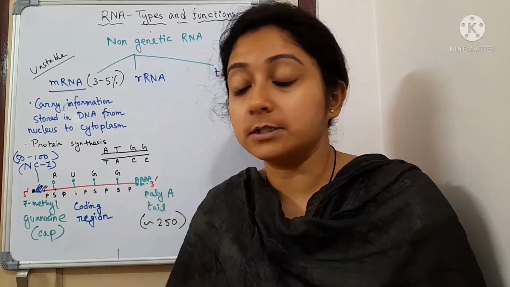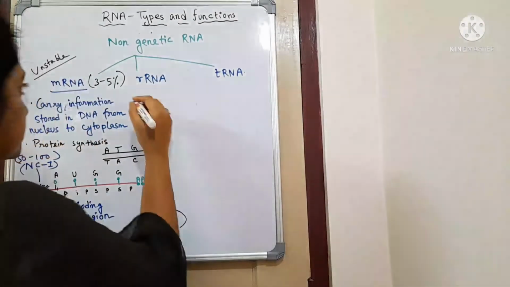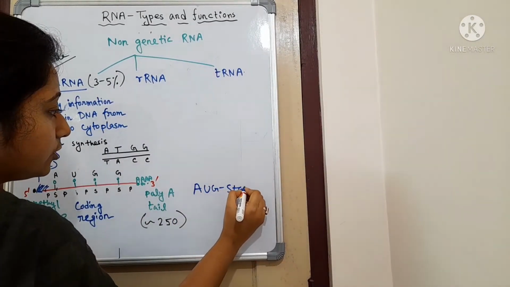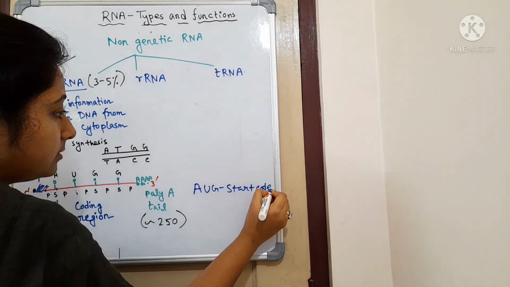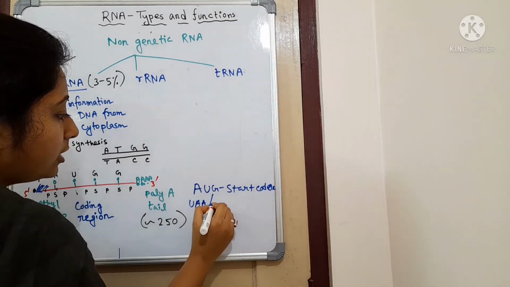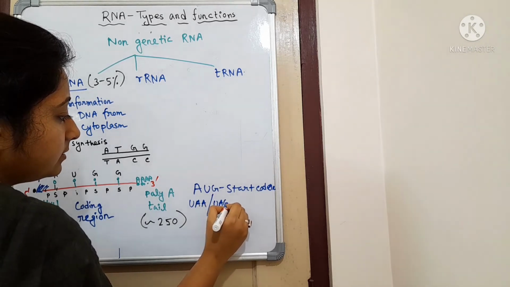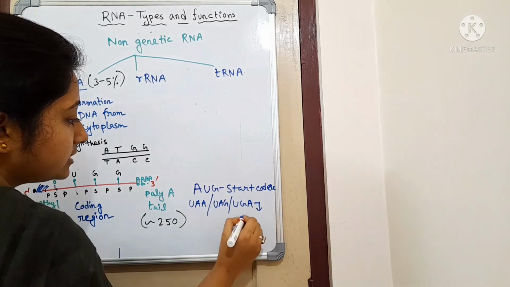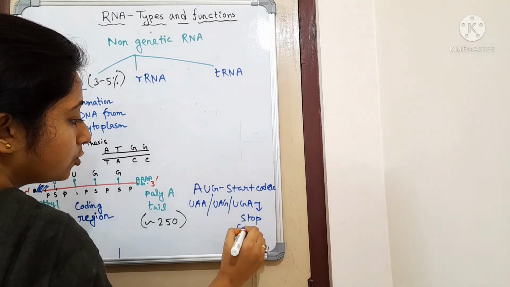This is constant and universal. And there will be UAA or UAG or UGA, which are considered as stop codons.